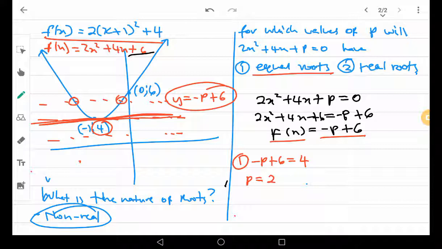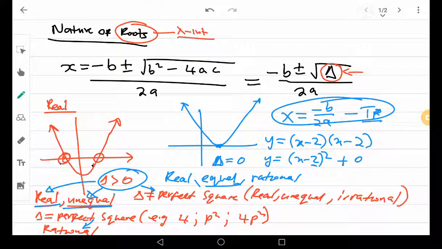Then number 2: for which values of p will this have real roots? You're talking from the turning point going up. The turning point, equal roots, is also real, as long as you can cut the graph. So minus p plus 6 is greater than or equal to 4, not just greater than 4, because at 4 the equal roots are also real.